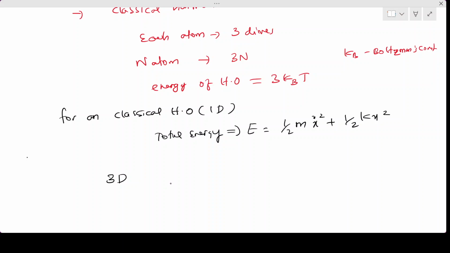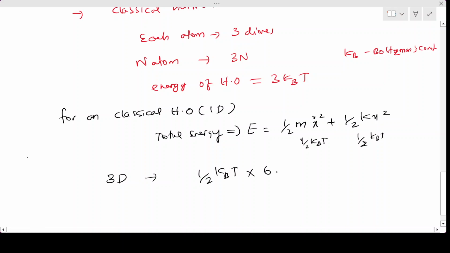You would have studied the equipartition theorem in statistical mechanics. So each term is equivalent to half kBT, and there will be six of them, because we consider six terms.